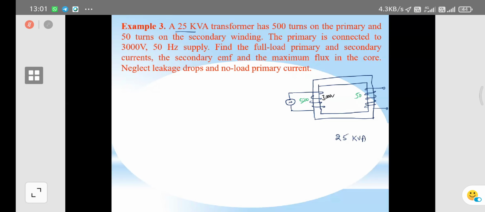The primary is connected to 3000 volts and 50 Hz supply. Find the full load primary and secondary currents. Is anyone doing this problem?